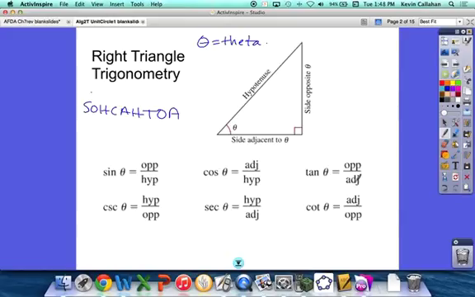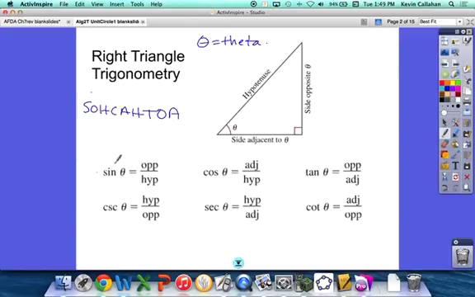What you probably have not done is that there are actually 6 trig functions, right? These 3, sine, cosine, and tangent, you for sure already did, but there are 3 more. They're the reciprocal functions. Reciprocal means the inverse, right? You flip them. So the reciprocal of sine is the cosecant. CSC stands for cosecant.